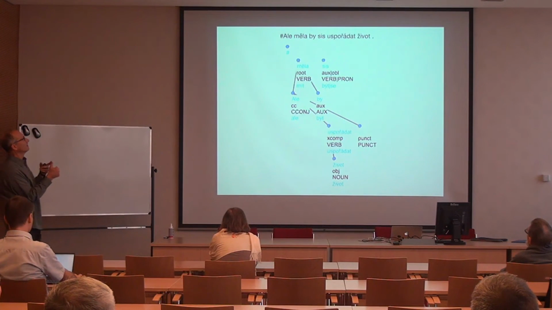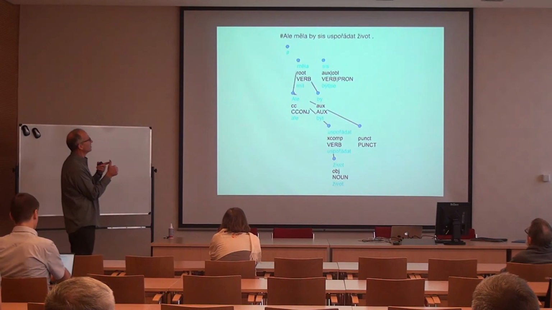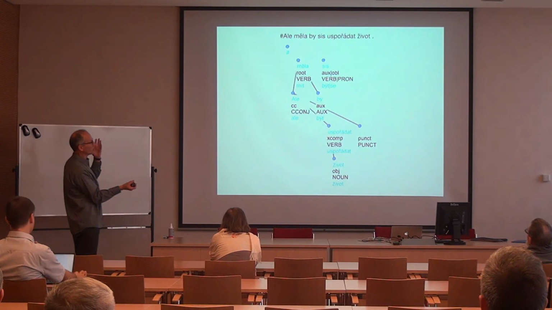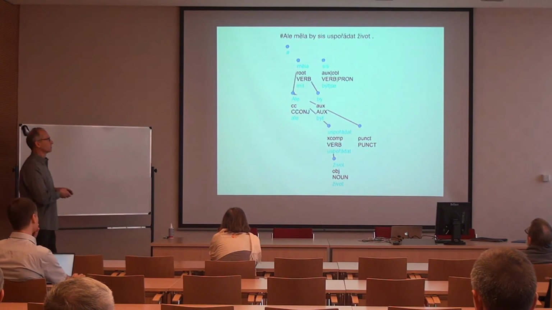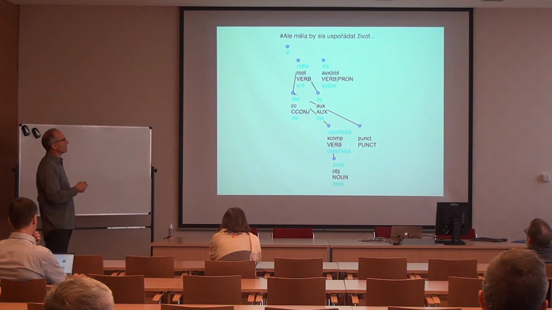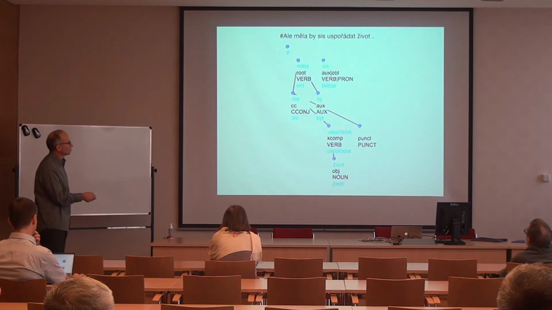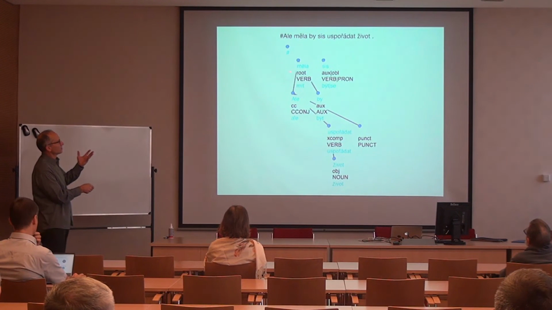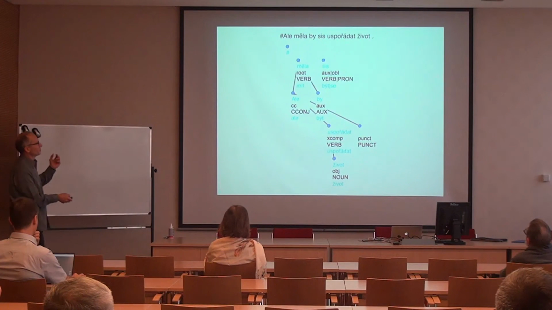So si is a pronoun, and moreover, it's in reversed order because for some reason in Euros dependencies they switched the order. So si should depend on uspořádat, and s as the clitic should depend on měla, as the finite verb.